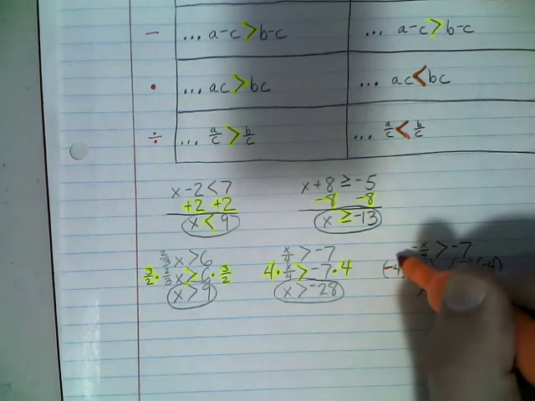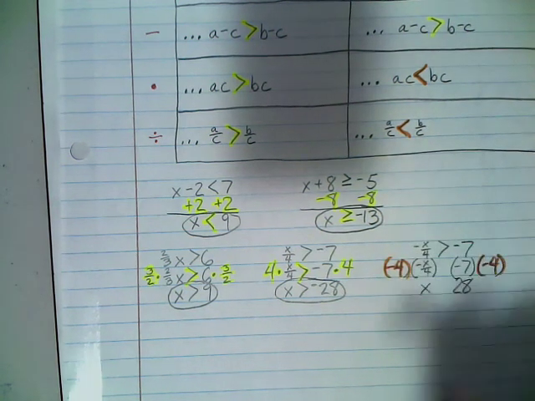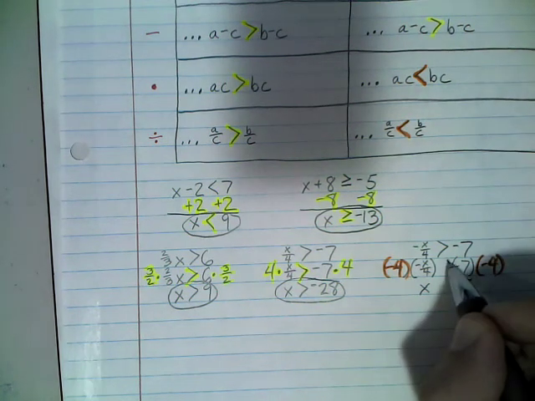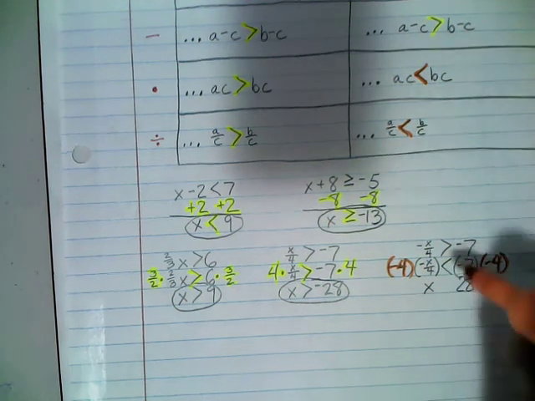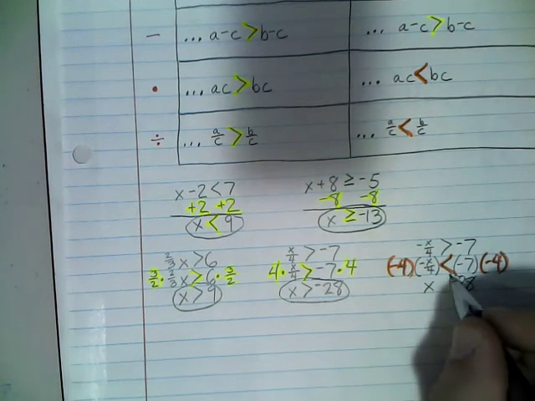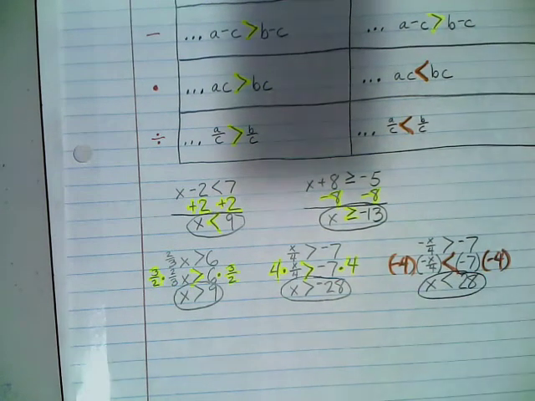So grab your orange, because when we multiply both sides by a negative 4, that is going to flip our sign. So if it was greater than before, now it's a less than. So this will actually be x is less than a positive 28.